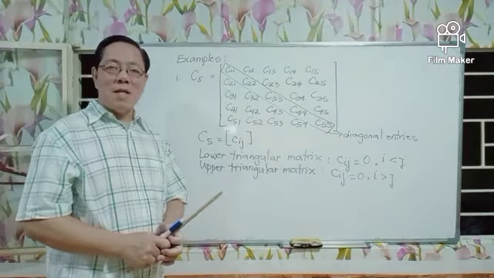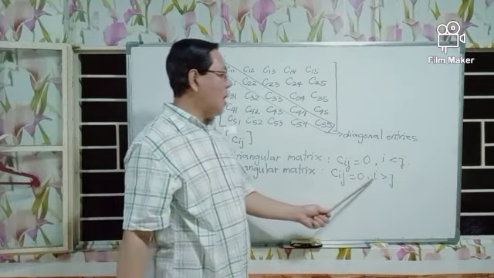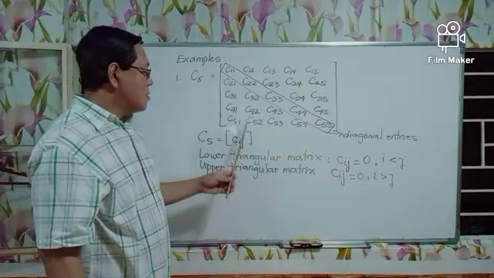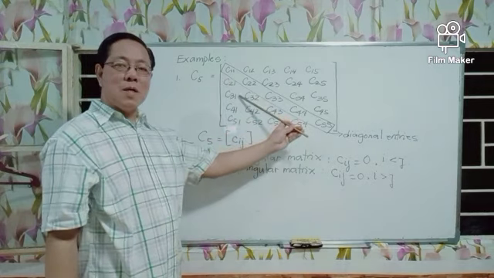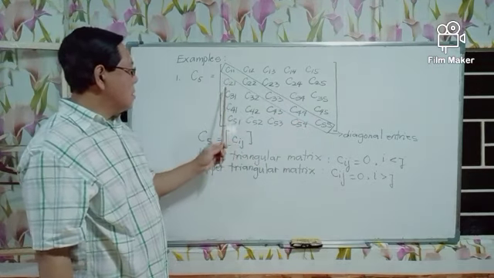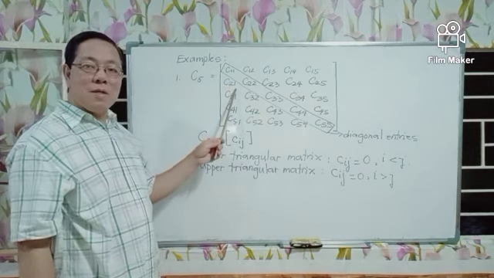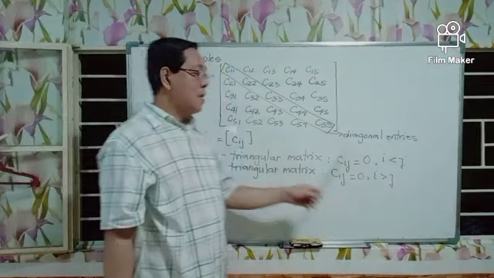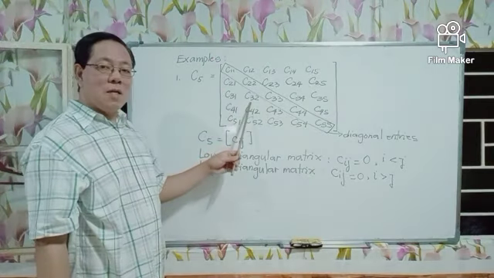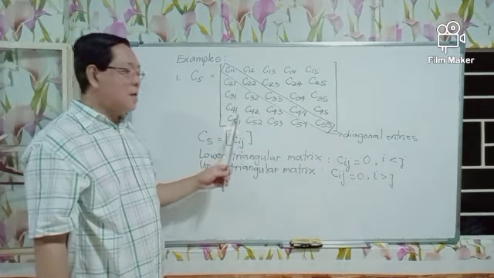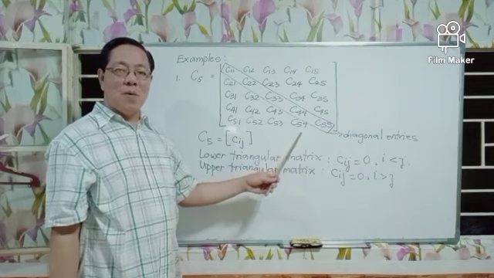Now, where are these entries? c sub ij for i greater than j. Those are the entries below the diagonal entries. Those are C21, where the row number is greater than the column number, C31, C32, C41, up to C54.